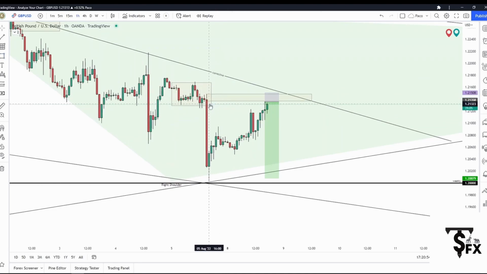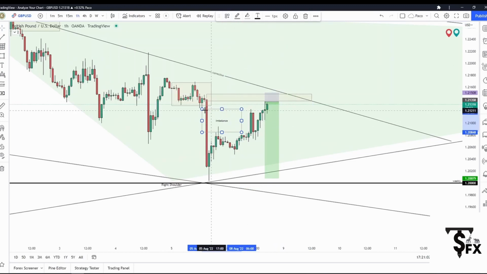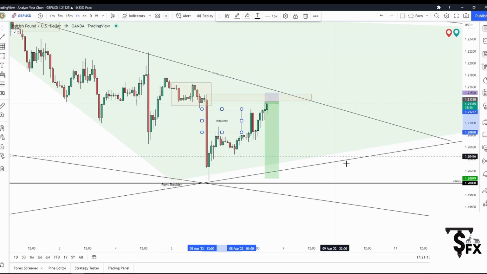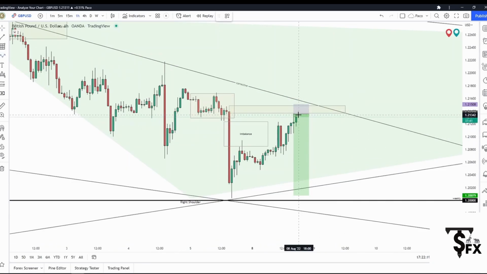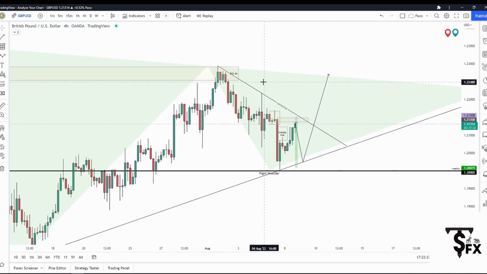You can see here is the very big imbalance, and the price comes back to fill it, and from here we have another trade with very high risk-reward ratio, and from here we expect the price to test the trend line and to make a new bullish movement, as we can see on the higher time frames.